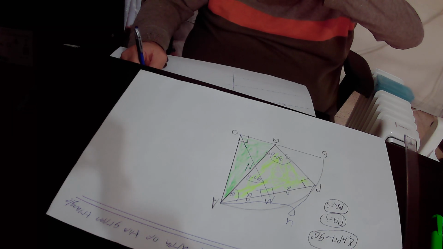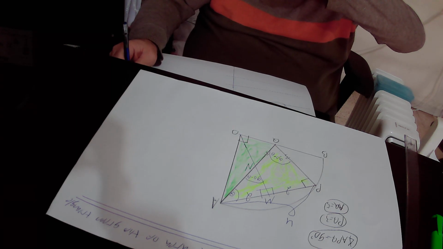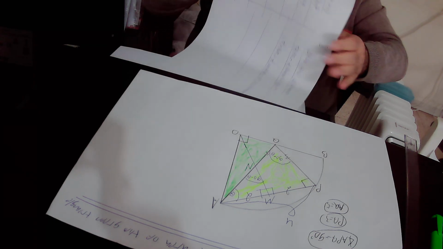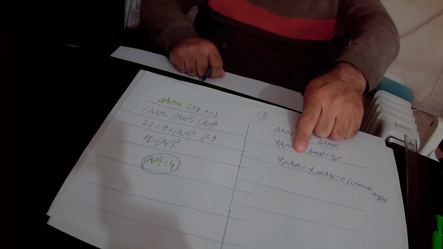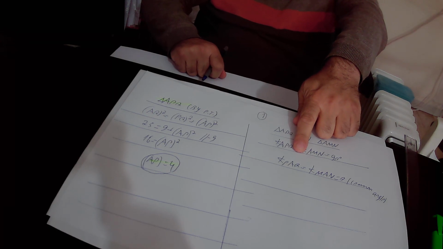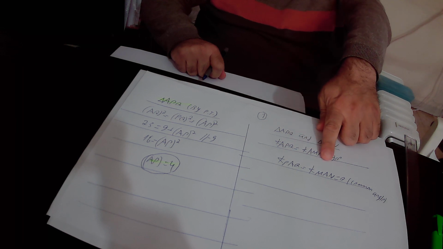Angle theta is a common angle that belongs to both triangles. To repeat, you can call angle theta angle PAQ, which belongs to the big triangle, and you can call angle theta also angle MAN.